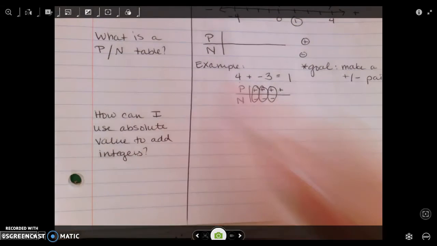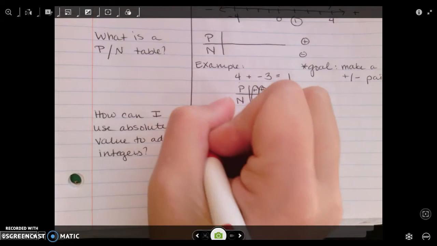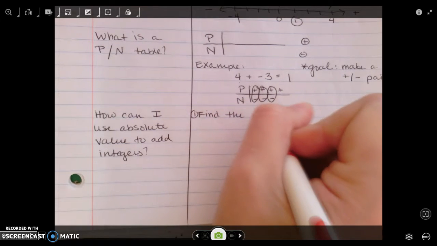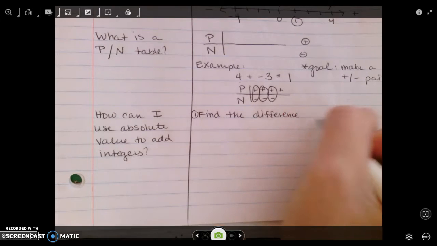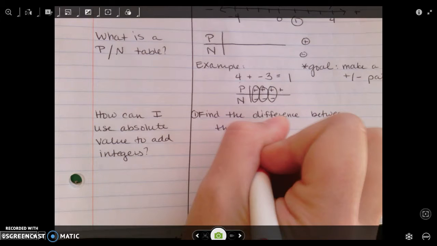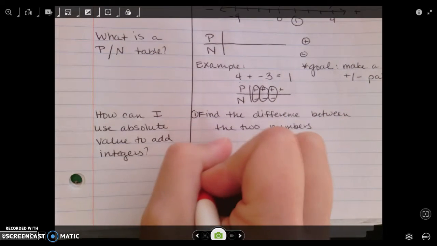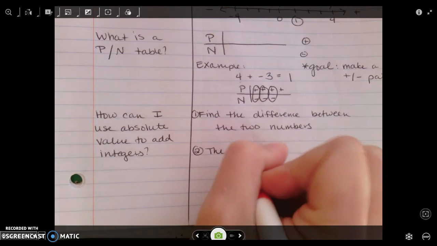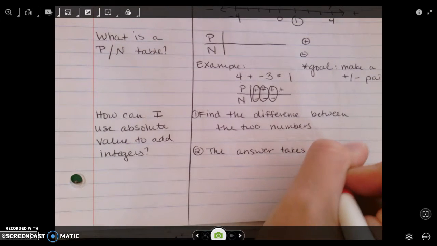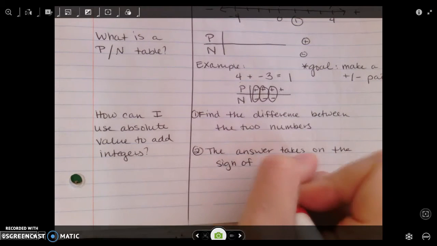So what students will do, if they use the idea of absolute value, is find the difference between the two numbers. And then the answer takes on the sign of the number with the largest absolute value.